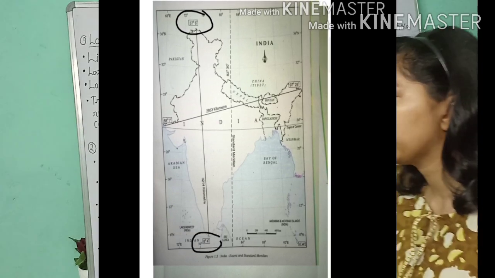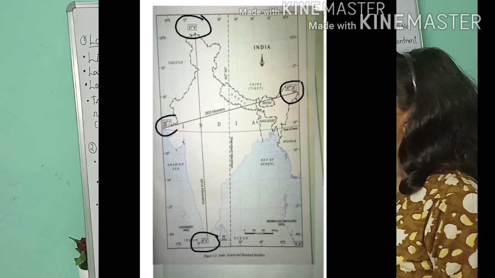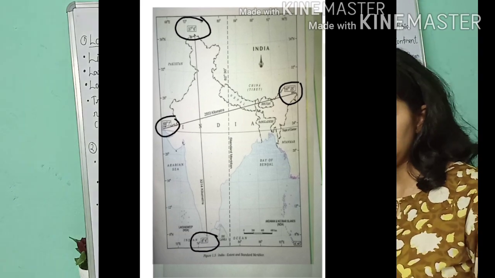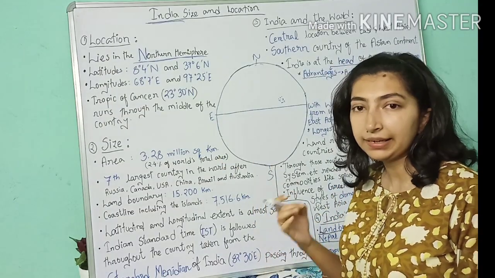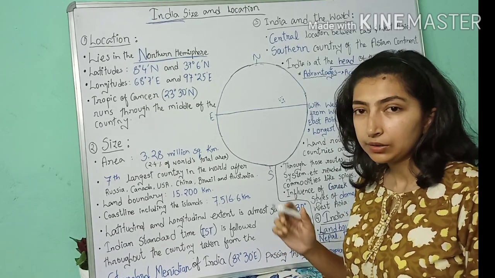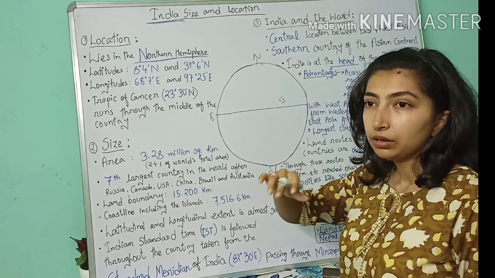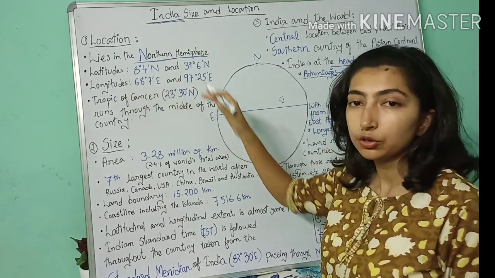If you see the north part of India, that is somewhere at the tip of Jammu and Kashmir, that's the starting tip, and then there's the ending tip, that is the last point of Tamil Nadu, somewhere at Kanyakumari. So these two tips are the latitudes that are shown here.